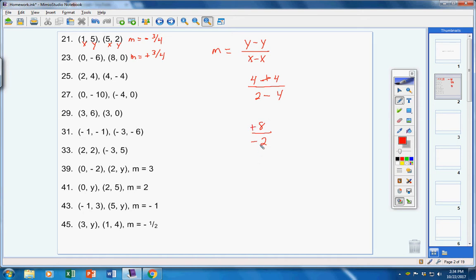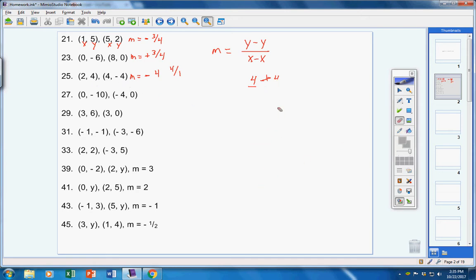A positive over a negative is negative, and 8 over 2 is 4. Or you could say 4 over 1 if you wanted to. Either one of those two would be the correct slope for the line that passes through these 2 points here.